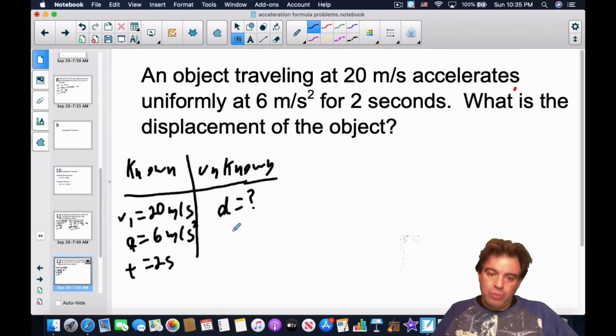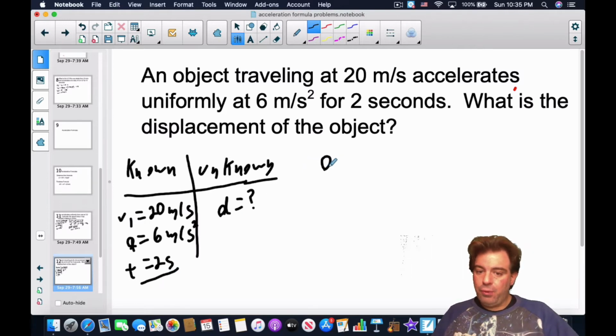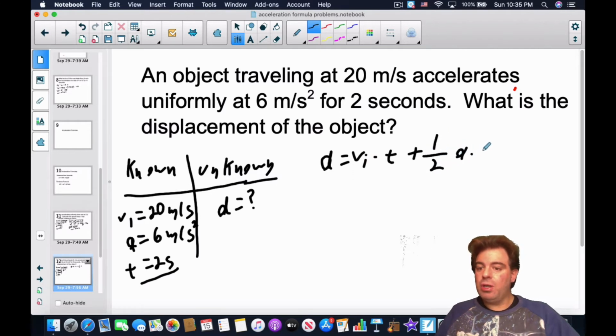Look at your variables very carefully. Do they give you time? The answer, of course, is yes. The time is 2 seconds. Therefore, you have to use the distance time formula. That is, distance equals velocity initial times time plus 1/2 acceleration times time squared. So, we're trying to find the distance.